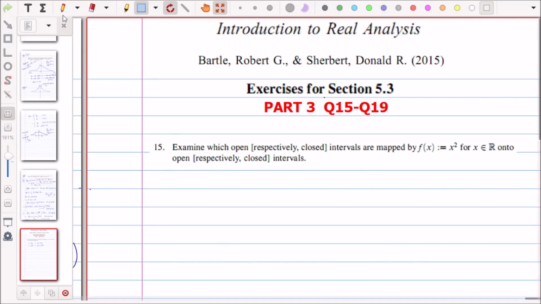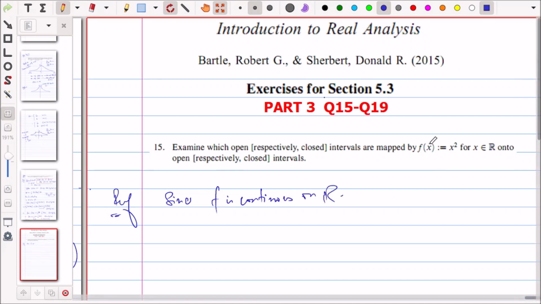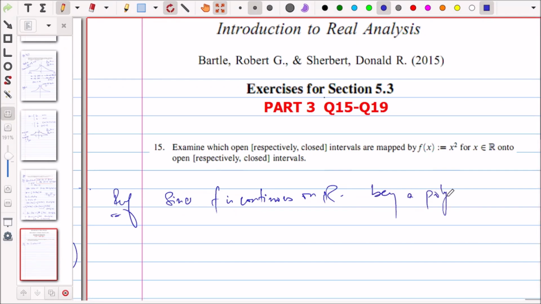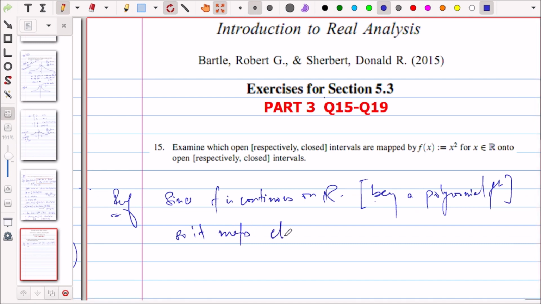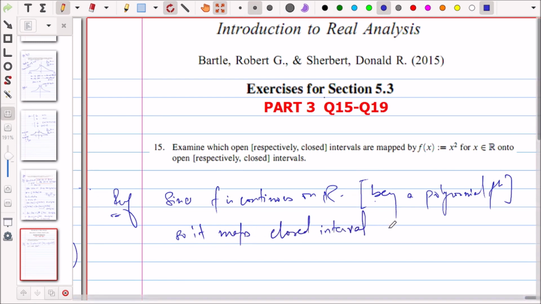Now, since f is continuous on R, because f(x) equal to x square is a continuous function, being a polynomial function, it maps closed intervals onto closed intervals.